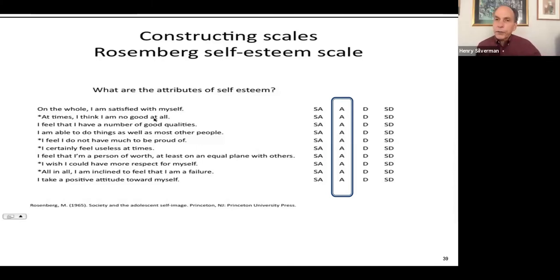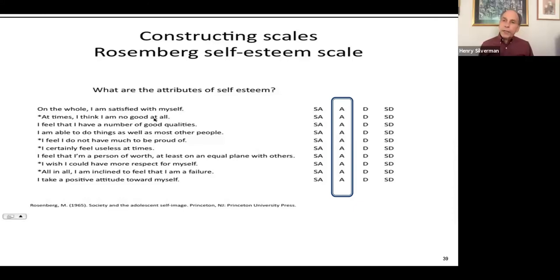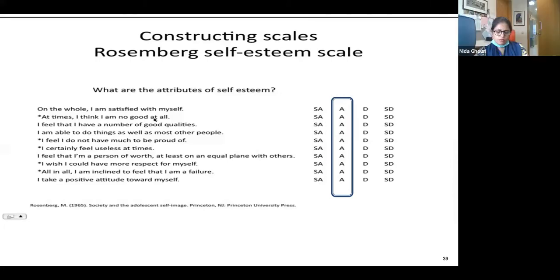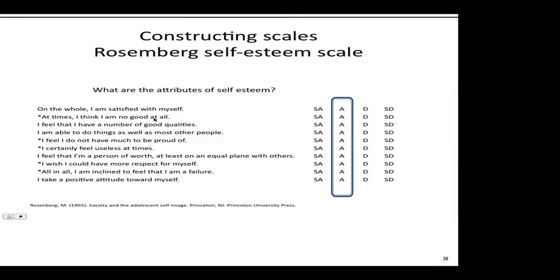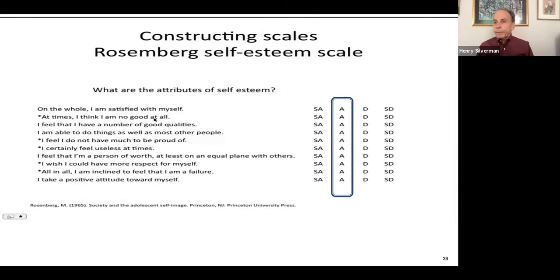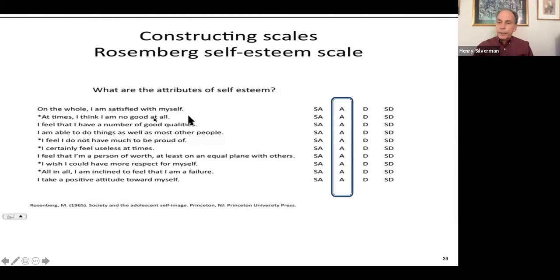But let me say this, if you have 2 questions in a construct, the Cronbach alpha, which we'll get to either in this lecture or a future one, is going to be unreliable. Okay, so there's a minimum number for each construct? The minimum number is 3. Right, okay. Good question.